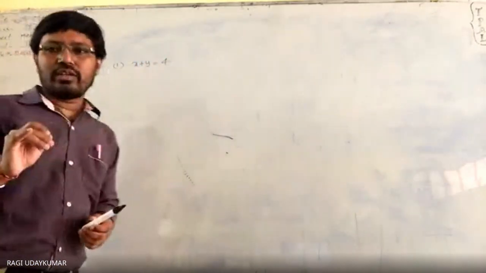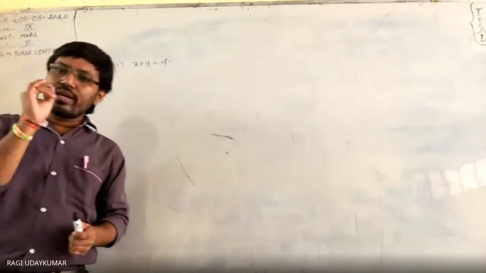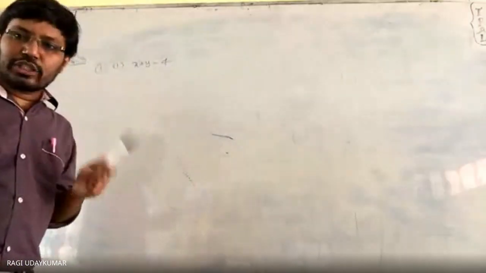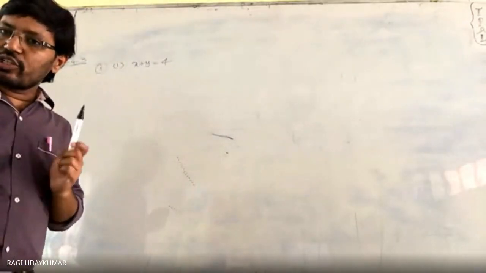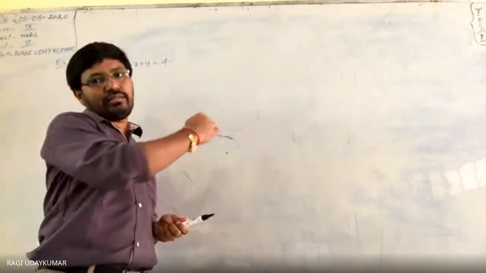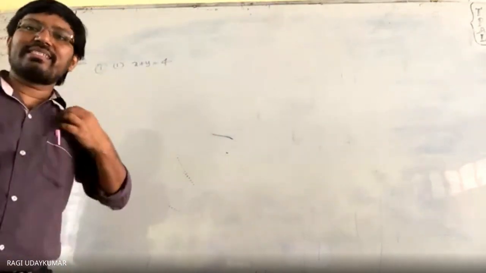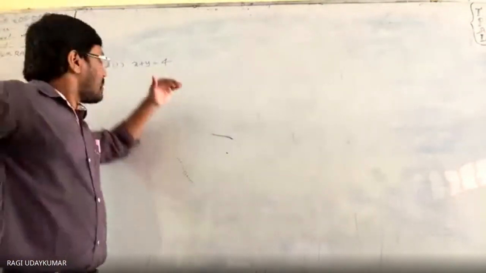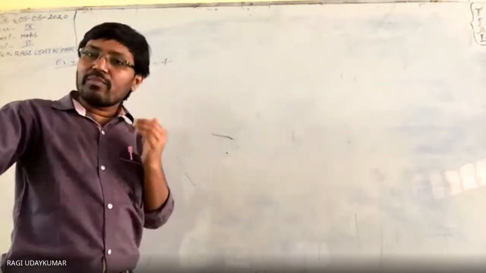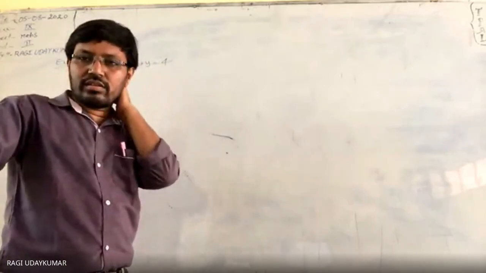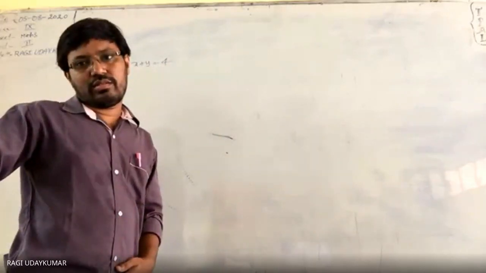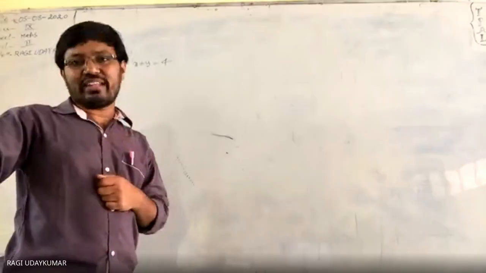First, it is enough for us to have only two solutions, because this is a linear equation in two variables. Every linear equation in two variables, how does it represent in the graph? A straight line. To draw a straight line, how many points do we need? Only 2 points are enough.